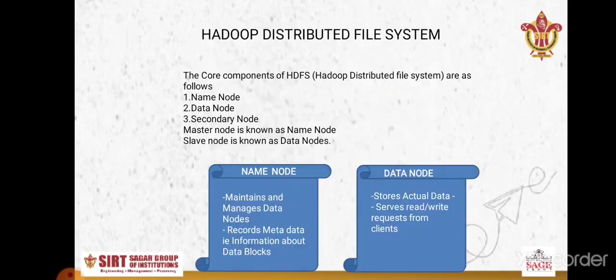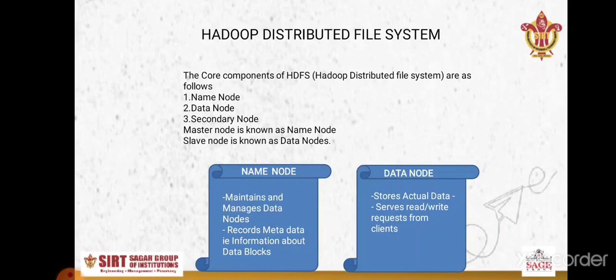Coming to the main components of HDFS, the main components which come under the category of HDFS are the name node, data node, and secondary name node. The master node is known as the name node. The main node, or the master node of the cluster, is the name node, and data nodes are its subparts, or you can say child nodes.